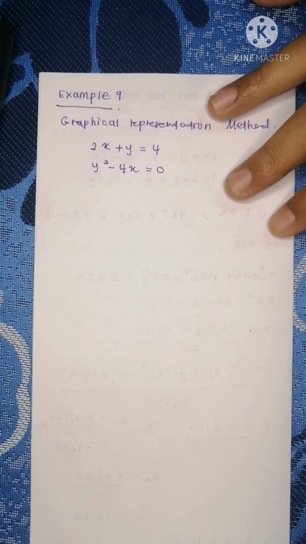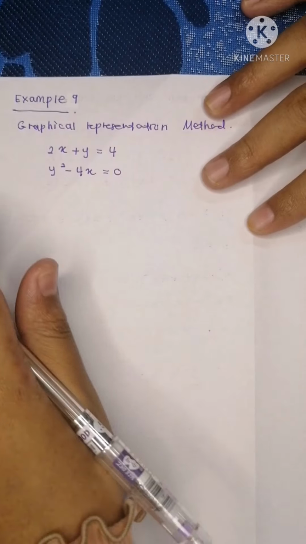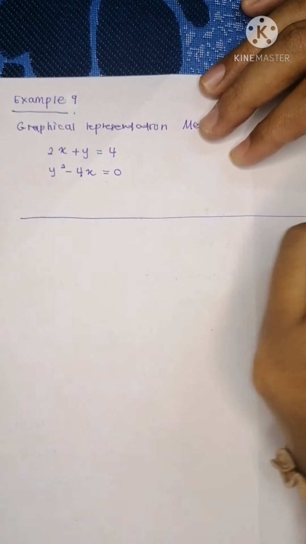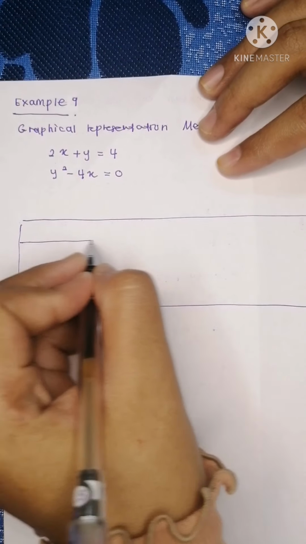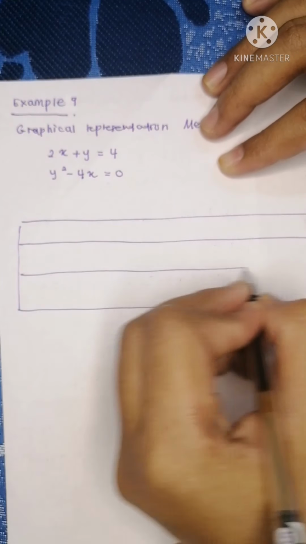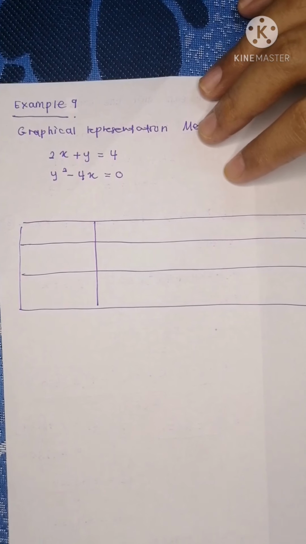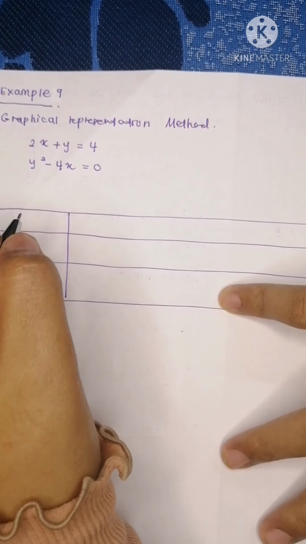So the table is like this. You need to make a table first, and look carefully at what I want to show you.